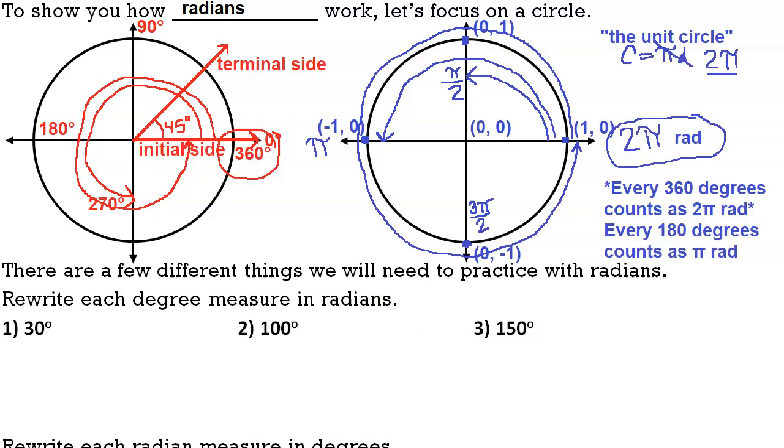Okay? All right, so how do you go back and forth between the two? You know, how in the world can you change degrees to radians, radians to degrees, all that good stuff? Well, if every 180 degrees counts as a pi, then all we really have to do is change the unit. It's almost similar to some of the things that you do in chemistry class, where you're changing units.